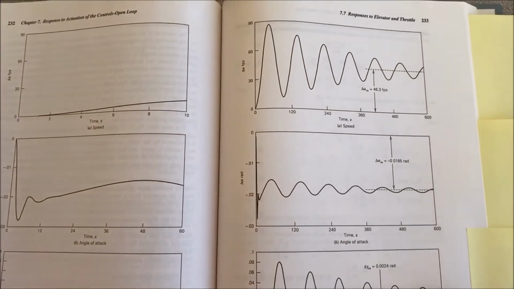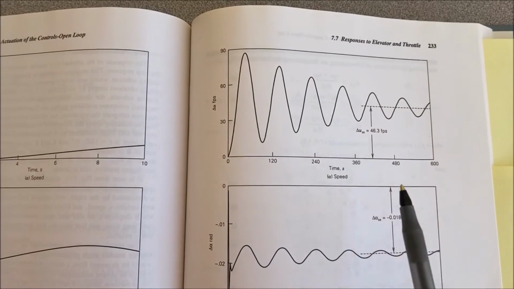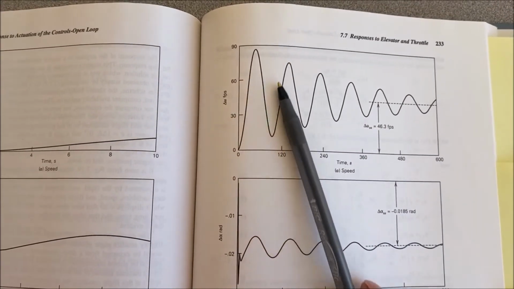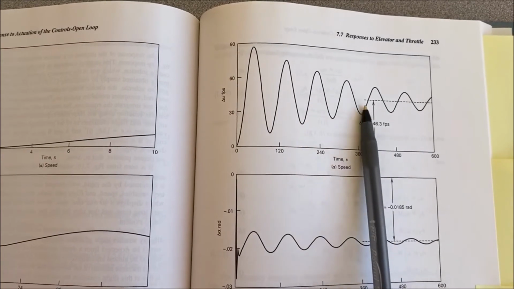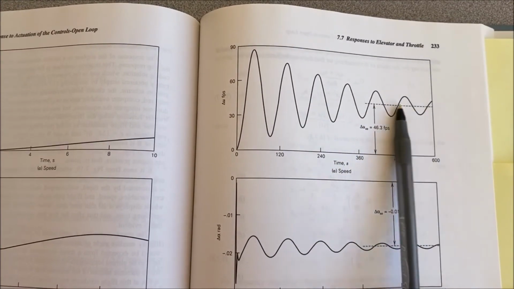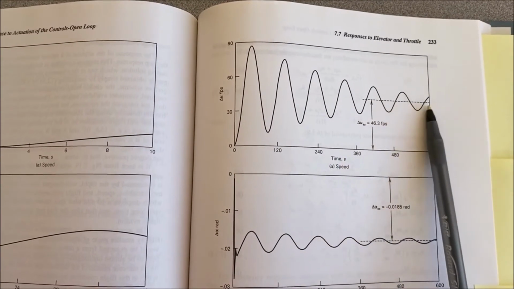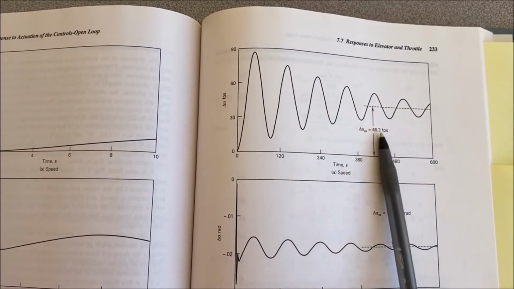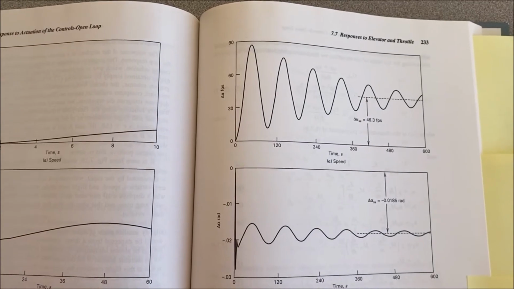And then finally the forward speed changes a lot initially again, but then is reasonably well damped, and we are converging towards this new airspeed, which has some associated delta with it.